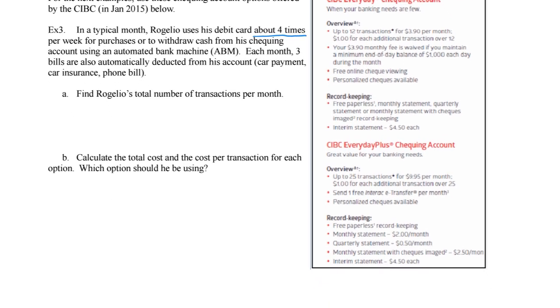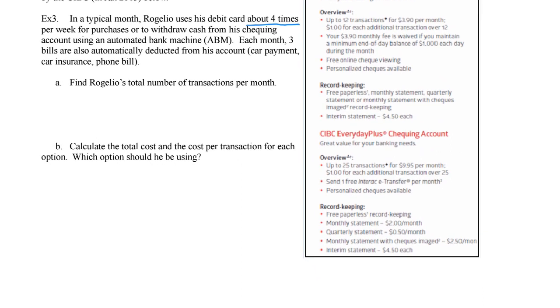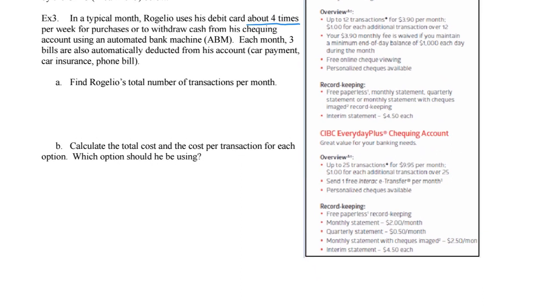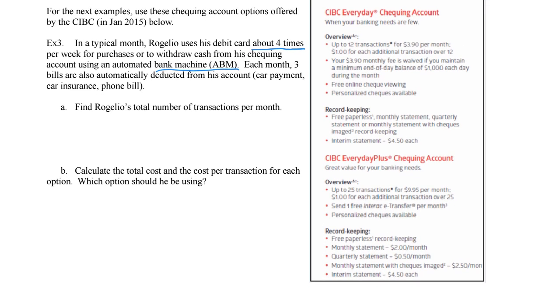Now, in this case, we have Rogelio, who uses his debit account about 4 times per week for purchases or to withdraw cash from his checking account. And he tends to use what we call the ABM. And you know that with the ABM, most banks tend to charge some form of money for those ABMs.